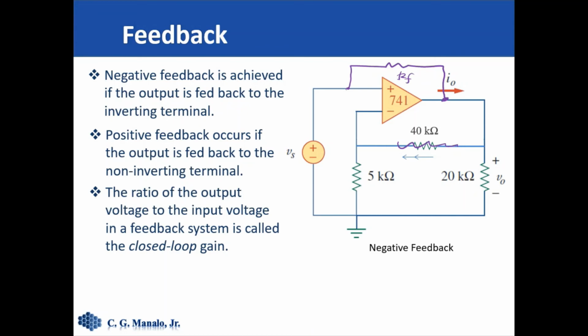The ratio of the output V naught with the input Vs is what we call the closed loop gain of the feedback system. So V naught over Vs is the closed loop gain.